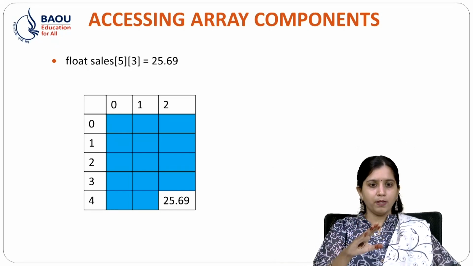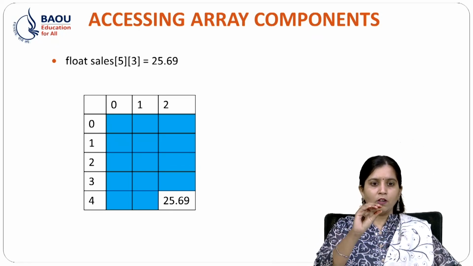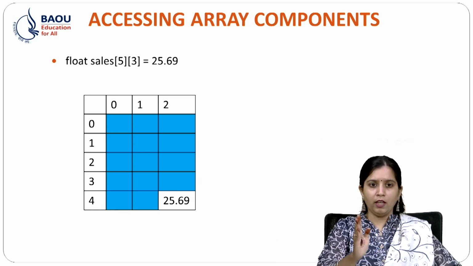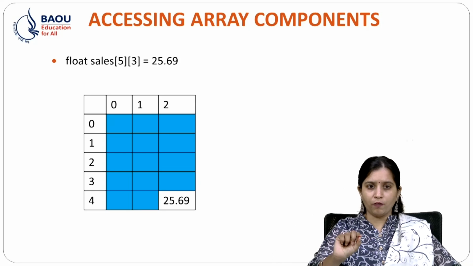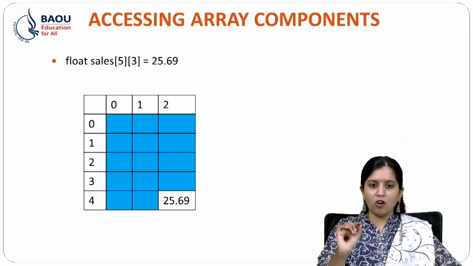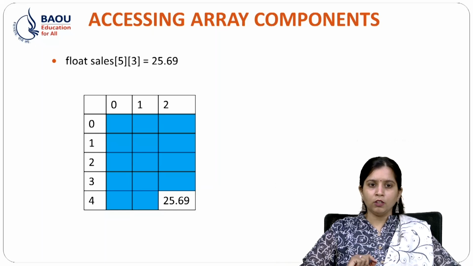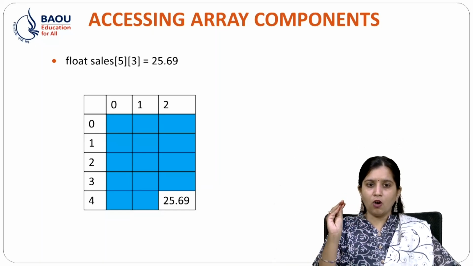You can see the picture below. First we have 0, 1, 2, 3. In the third column we have the fifth row, that is 0, 1, 2, 3 and 4, that is the fifth. In the fifth row and third column we have 25.69.